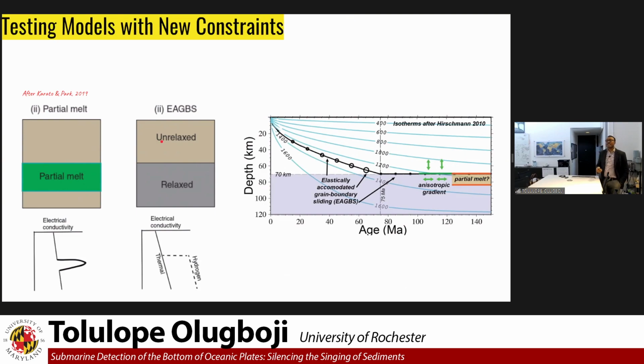In the partial melt view, you can transition from a high velocity to a low velocity by adding a secondary melt phase. The secondary melt phase has low rigidity, and so in aggregate, the rigidity will be lower, lending to the shear velocities a low velocity transition. If the transition is rapid from melt free to melt rich, you can explain that velocity.